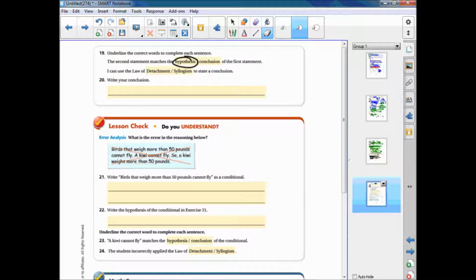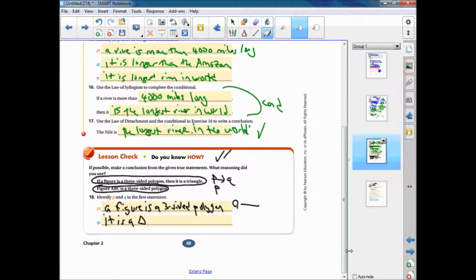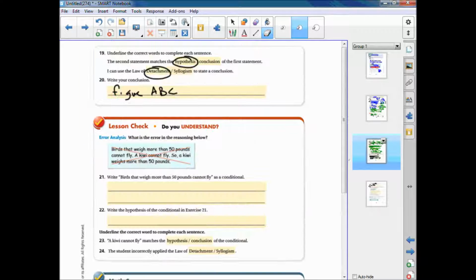Okay, I can use the law of detachment to state a conclusion here, and our conclusion would be: figure ABC, which matches the hypothesis that is true, should also now match the conclusion that is true. And our conclusion was it is a triangle. There's our conclusion. So figure ABC is a triangle.